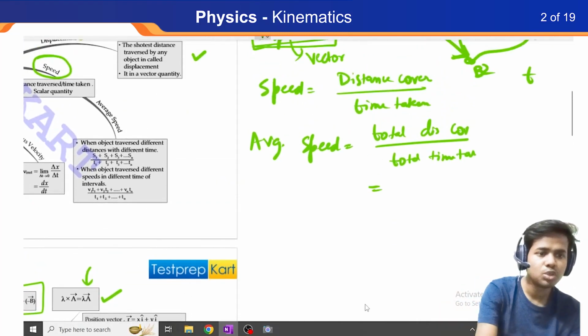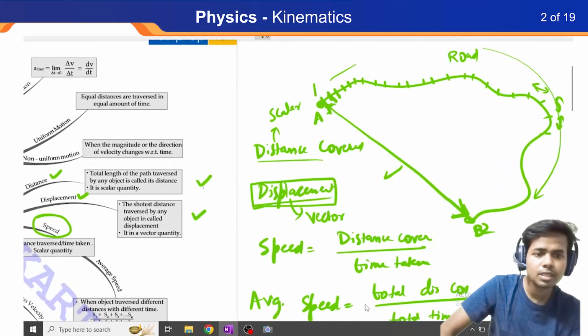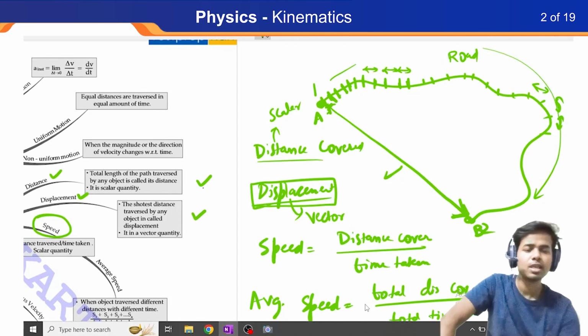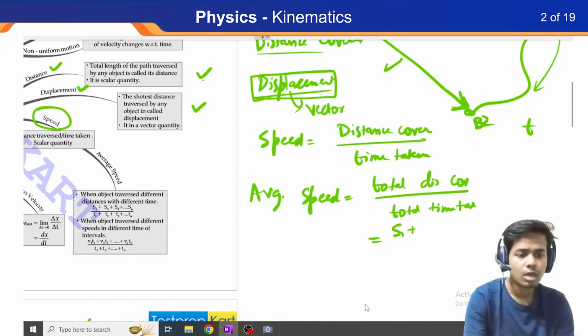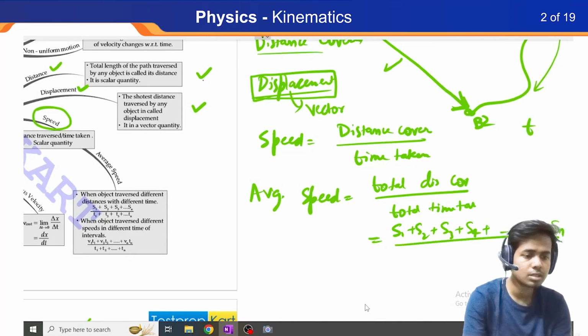And for finding total distance covered, do I need to add the small distances over each of the straight lines, so that I know the exact total distance covered by the body? So this is nothing but all those small distances, or small straight lines, until some final point.